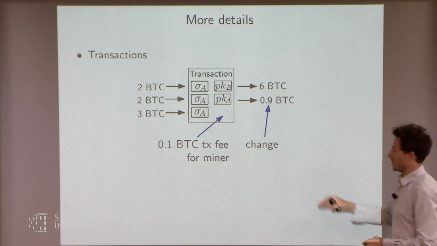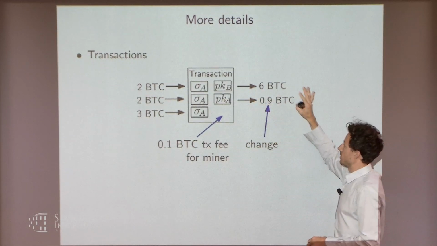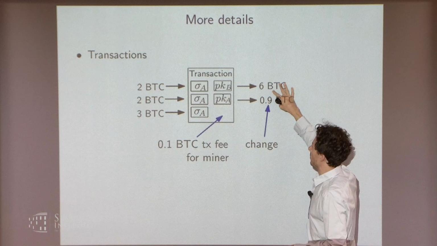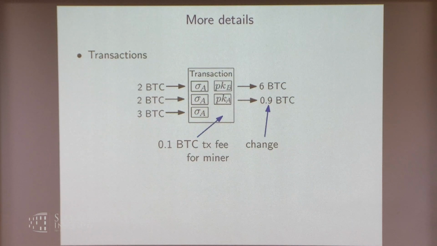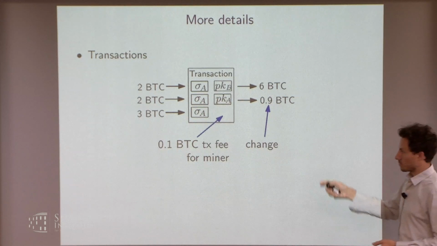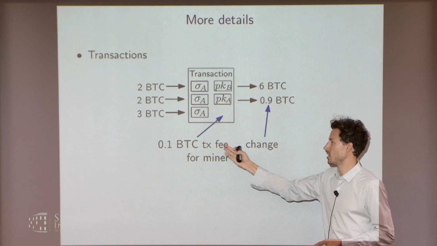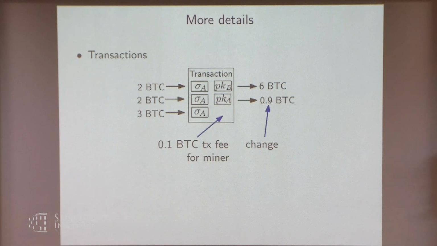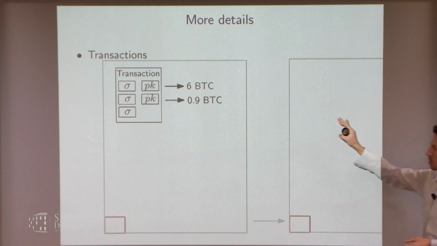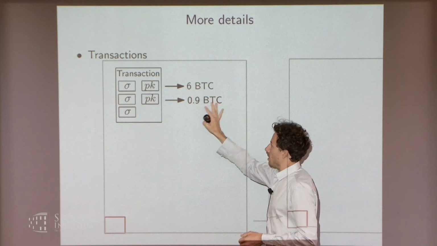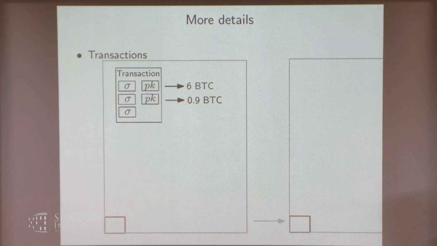So transactions allow the outputs to be smaller than the inputs. As long as they're not bigger, the transaction is valid. And the miner that takes these transactions, per protocol specification, earns this 0.1 Bitcoin as a transaction fee. If it ends up in this block, the miner that created that block gets the transaction fee.